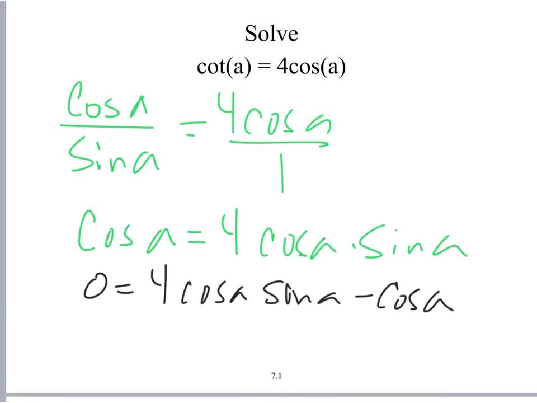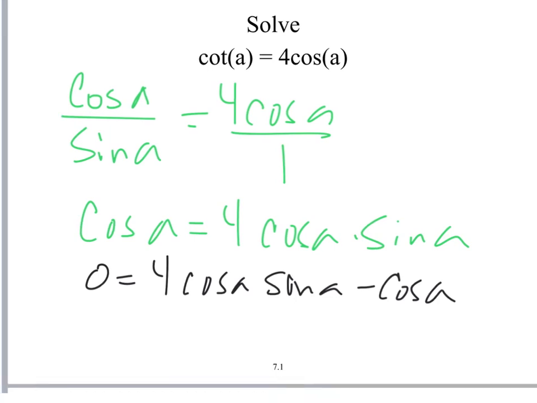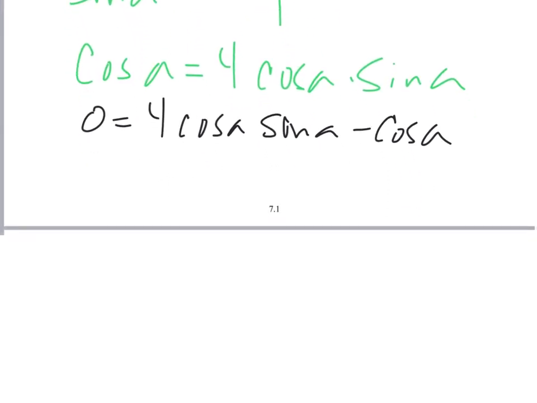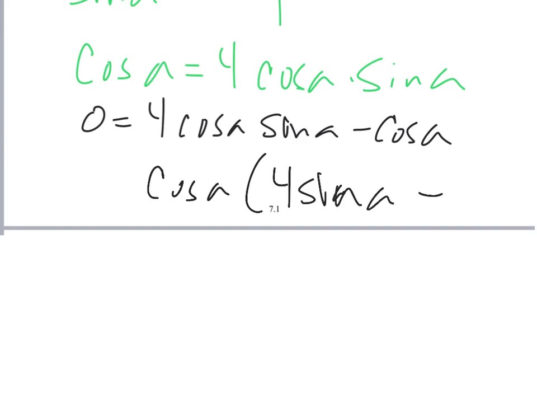So what we'll do is factor out a cosine times 4 sine A minus 1 equals 0.